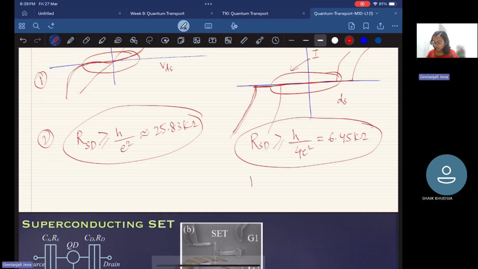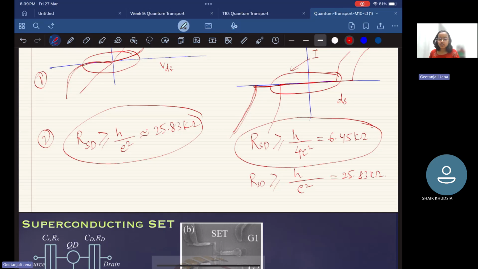But for the quasi-particle, if you want to see the Coulomb blockade oscillation, the condition is normal, which is what we have for the metal and semiconducting case. That is R_T should be greater than h by e squared, which is 25.83 kilo ohm.